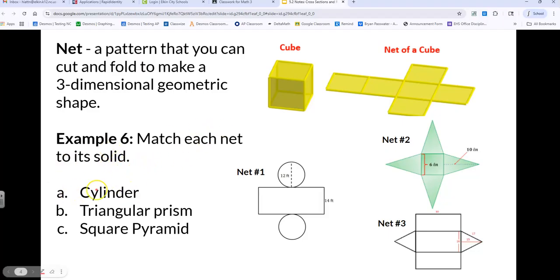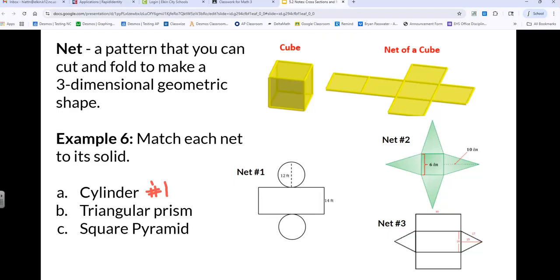So a cylinder. Okay, net number 1. It's got to be 1 because it's the only one that's got circles, right? You could flip those two sides over and roll that around. So that's number 1. Okay, what's the difference in a prism and a pyramid?